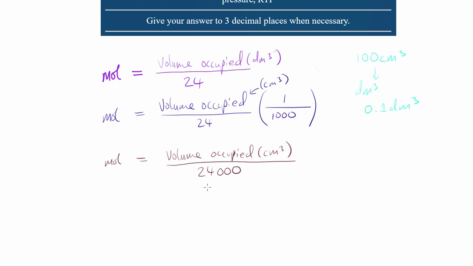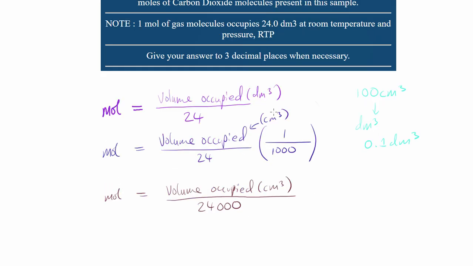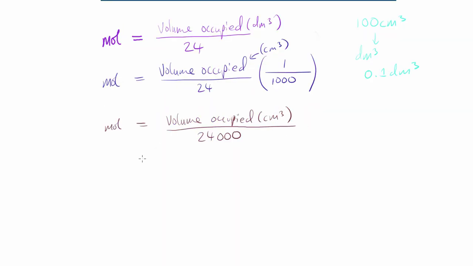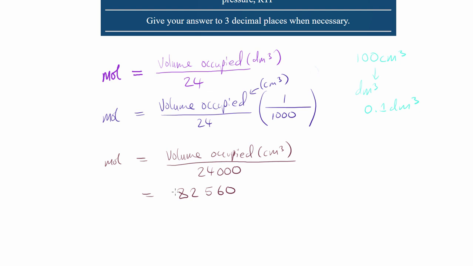Now, we can consider, okay, that we've got our value of the volume, effectively all we need to do at this stage is plug in our value. Okay, so 82,560, and then that would be divided by 24,000, right?